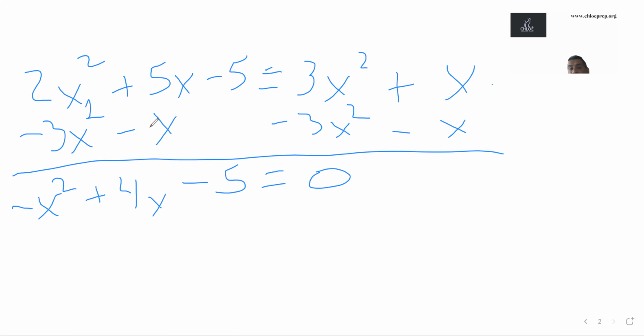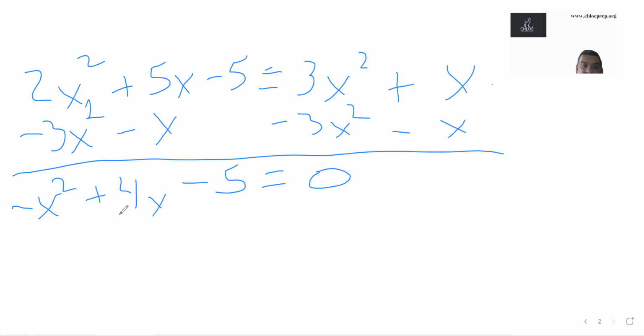All right, so we've really simplified this. We're at -x squared plus 4x minus 5 equals 0. Now you don't have to do this before we do the quadratics, but we're going to change the signs. Essentially, we're factoring out a -1.